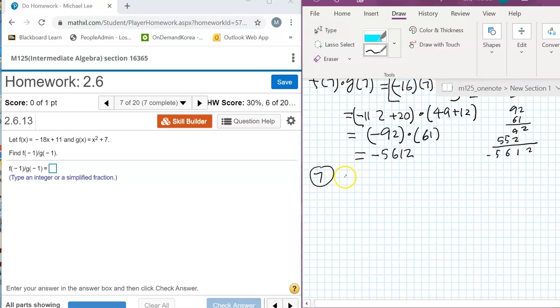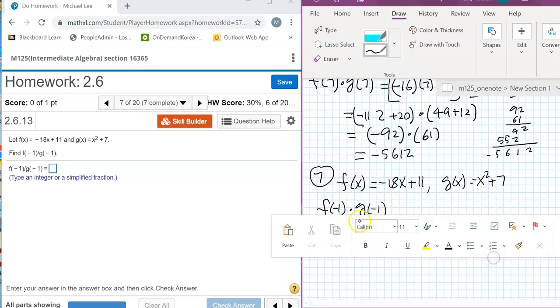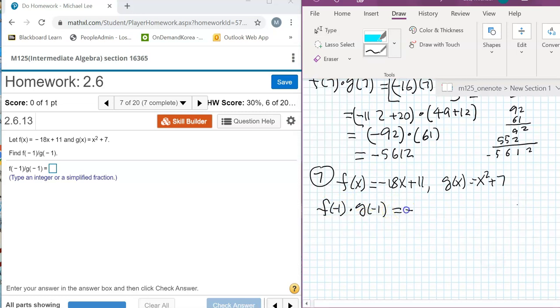Number 7 is f of x is negative 18x plus 11. g of x is x squared plus 7. So what is f of negative 1 times g of negative 1? So f of negative 1 is negative 18 times negative 1 plus 11, the first part, times negative 1 squared plus 7, second part.